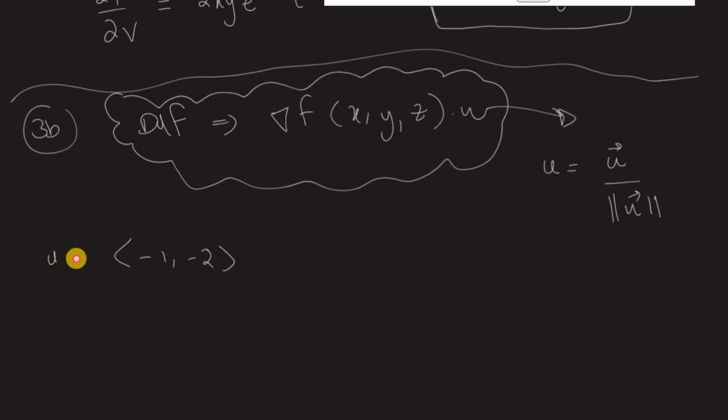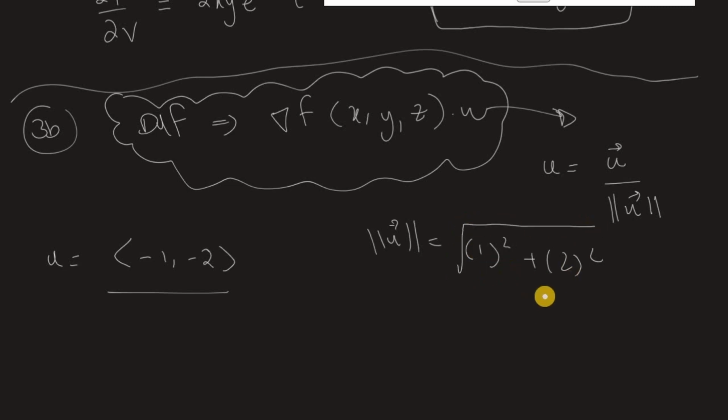Okay, so we are calculating the unit vector, so we took the vector itself. Now we need to divide it by the norm of it. And how do we find the norm? We're simply going to square each component, and then square root the whole thing. So that is going to be square root of 5. We're going to write it at the bottom, square root of 5.